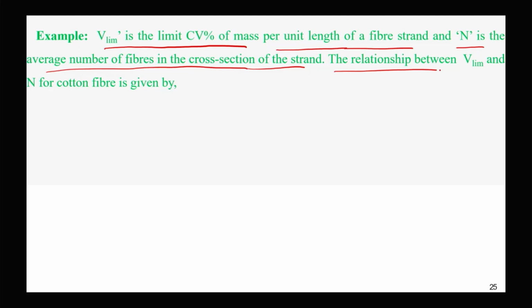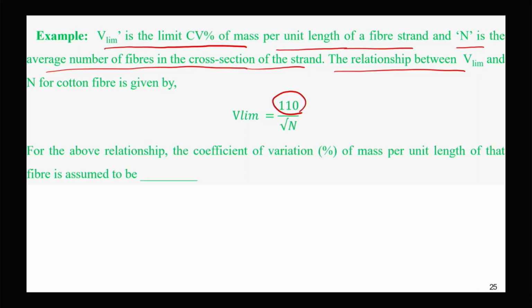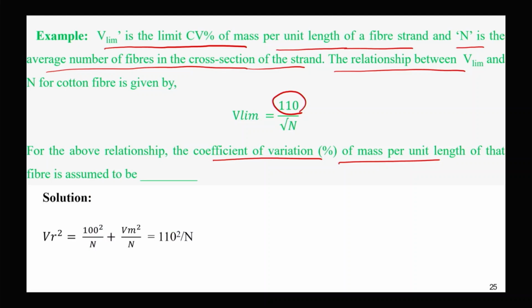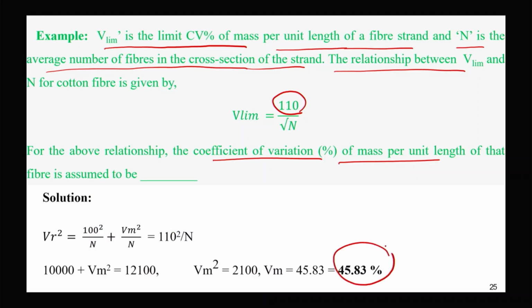The relationship between CV limit and N is given by 110. And what will be the fiber length, mass per unit length variation? This same numerical we have done for cotton. Okay, so the value was 45.85.